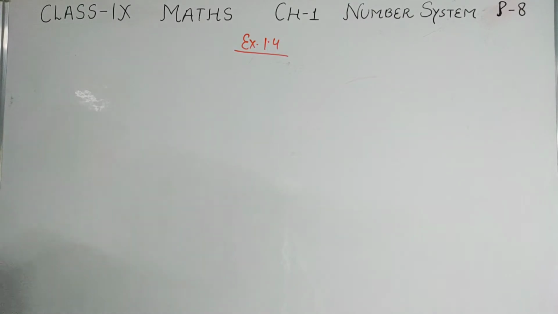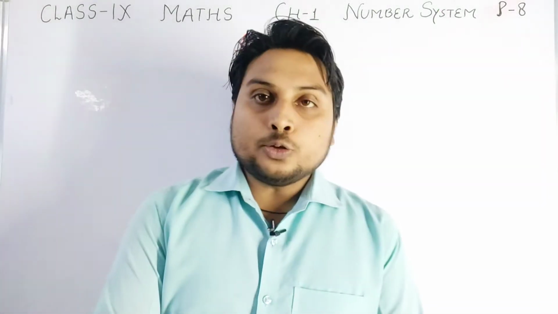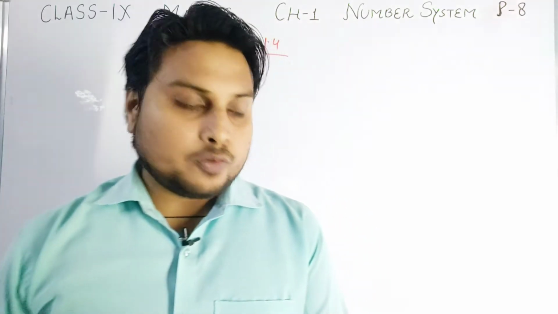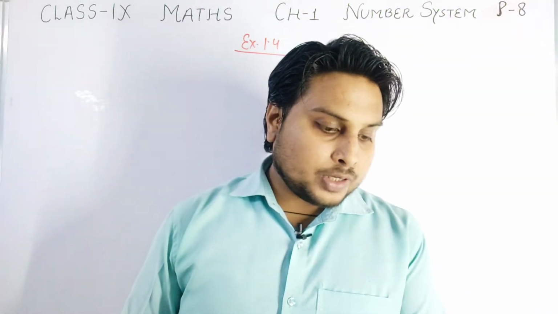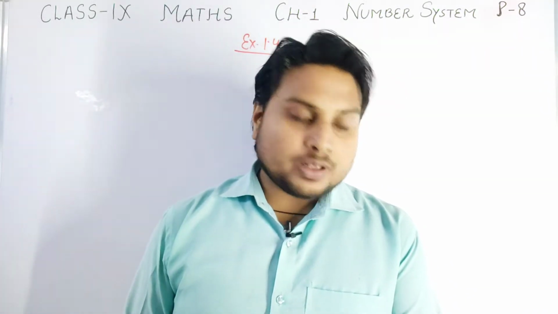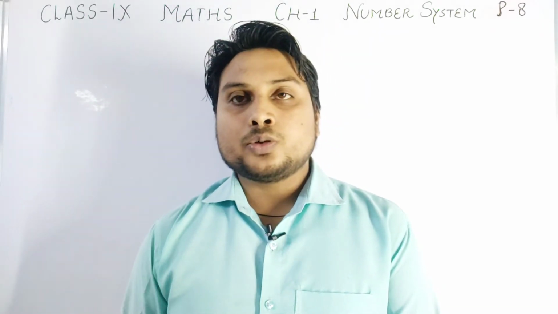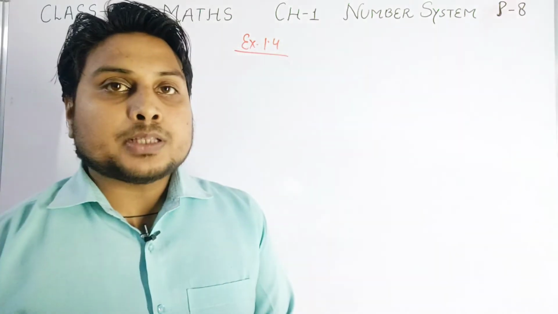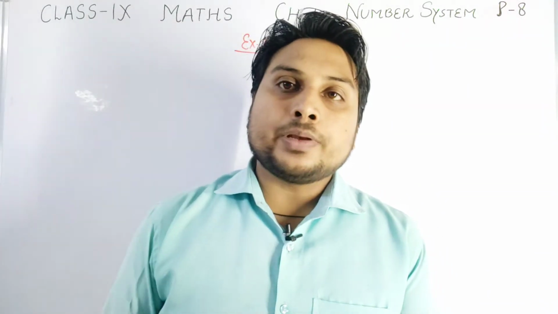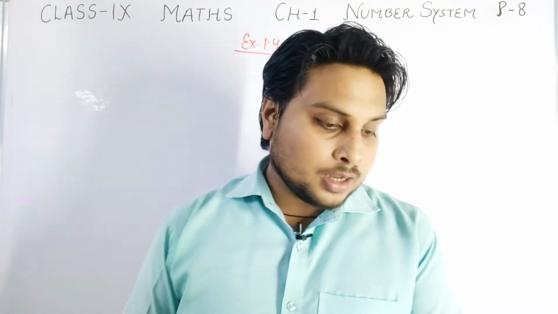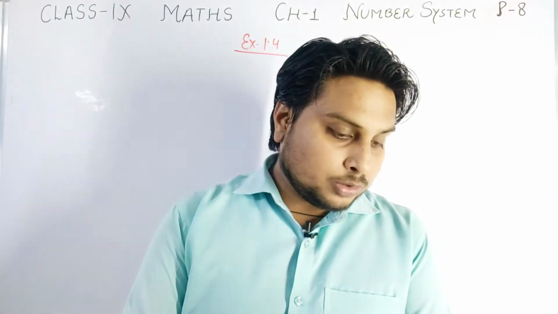Now let us see what kind of questions there are. Only two questions are there in exercise 1.4. The first question is to visualize 3.765 on the number line using successive magnification. The two examples I have given you under the topic of successive magnification, on the basis of that we can do the first part.